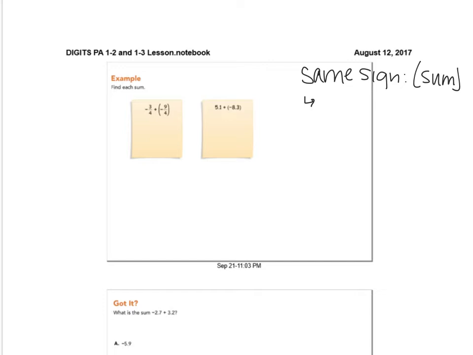So add the numbers together, and then give them the same sign. So whatever sign it previously had.